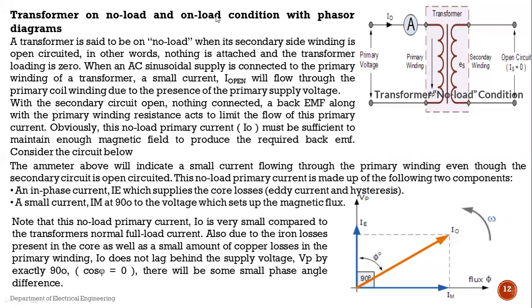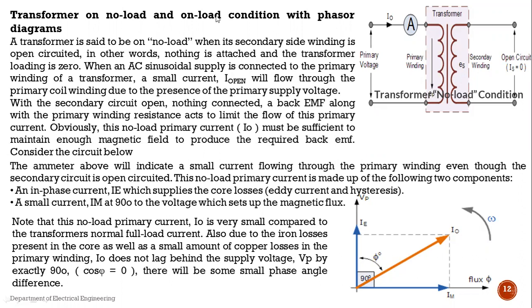This no load primary current is taken from the supply to overcome the no load losses. The no load losses are the iron or core losses, that means the hysteresis loss and eddy current loss. To overcome these losses, the no load current is taken from the supply.